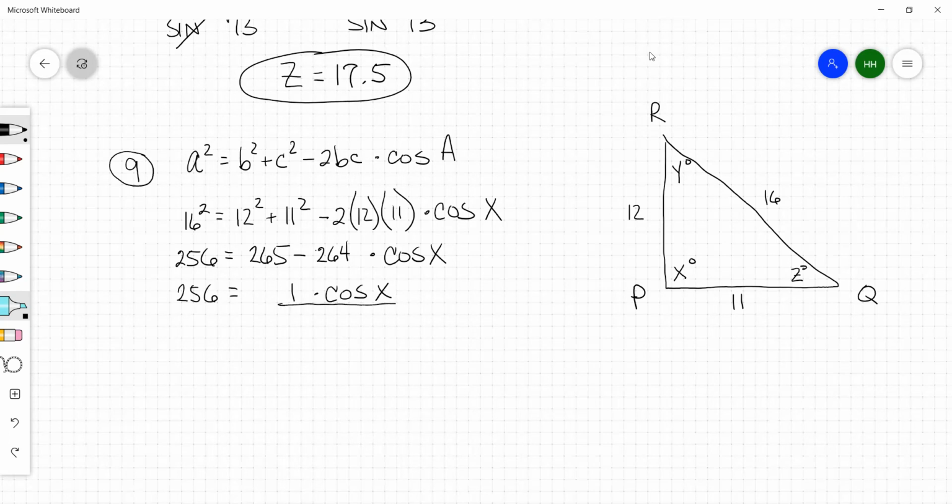And now we're going to divide both sides by 1. So 256 equals cosine of x. This is odd. So what do I do next to find the angle measure? Cosine of x equals 256. How do you find the angle measure?